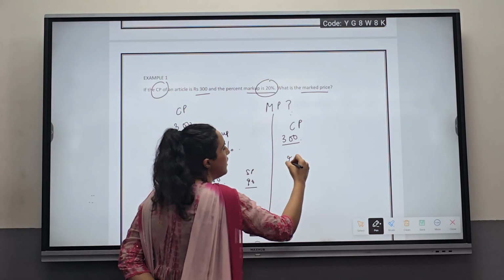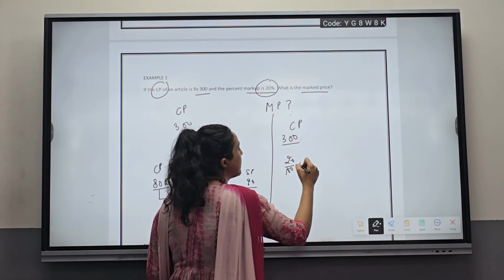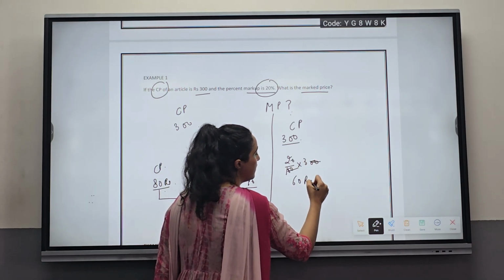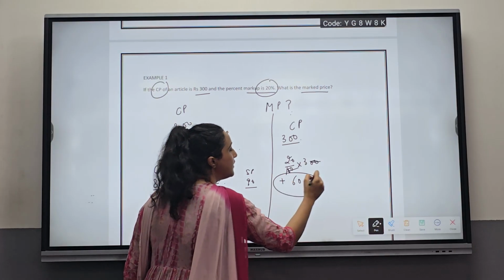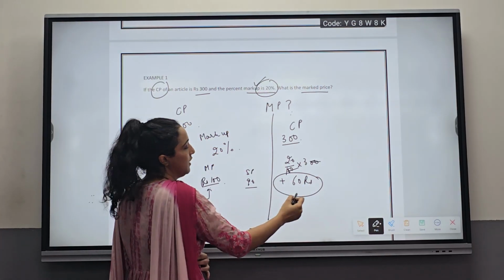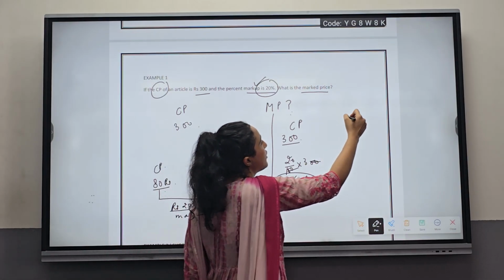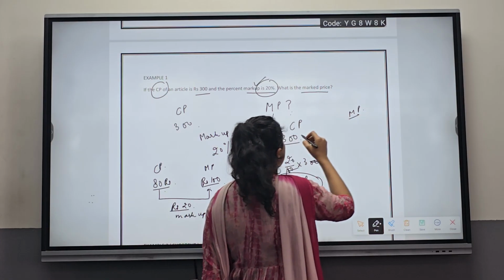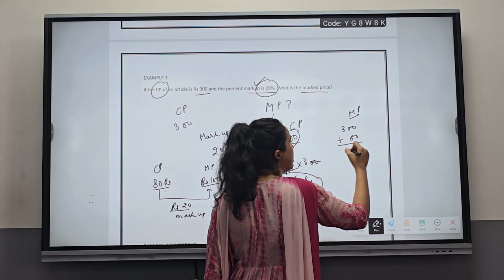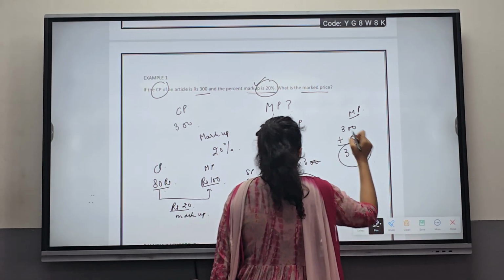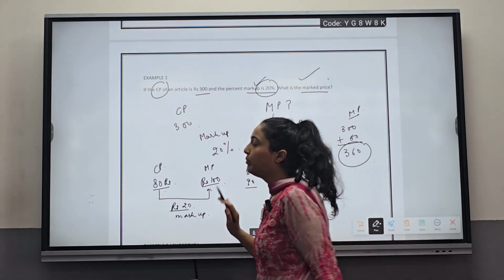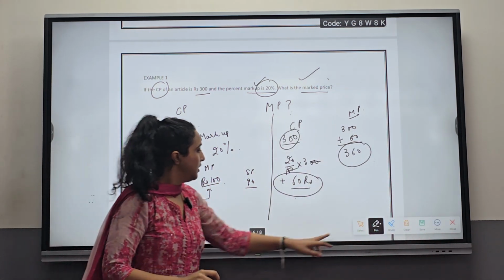So you will say 20% of 300, okay, 60 rupees increase. That means increase it by 60 rupees. So what will be your marked price? Marked price will be 300 plus rupees 60, 360. This will be your answer. Okay, so I hope this example is clear.